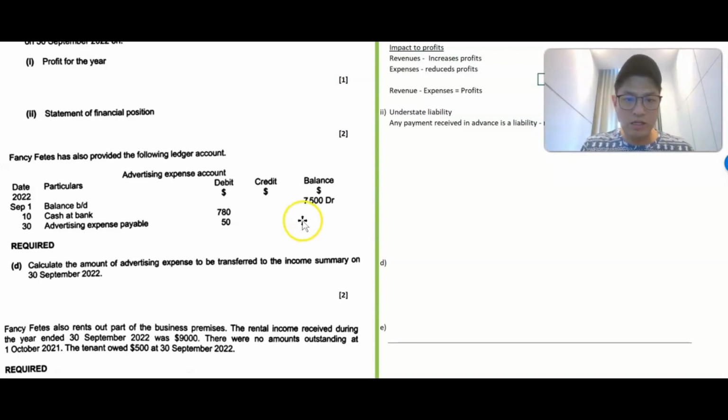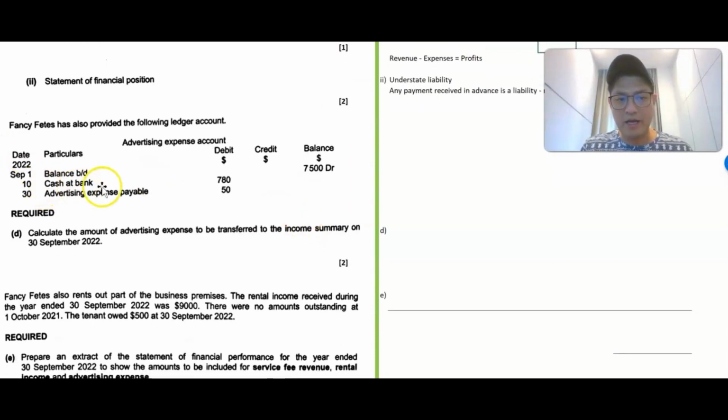As of September 1st, you have spent 7,500 on advertising expense for the financial year. And then there's a debit amount to this advertising expense tagged to cash at bank, which means that you've paid 780 in cash for additional advertising expense, because advertising expense is debit in nature, and you can see this balance is debit.